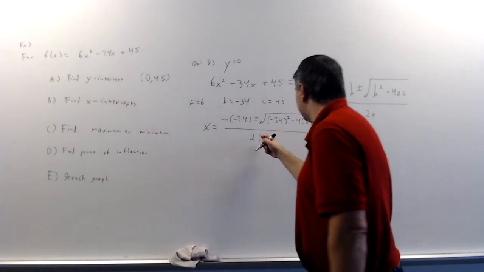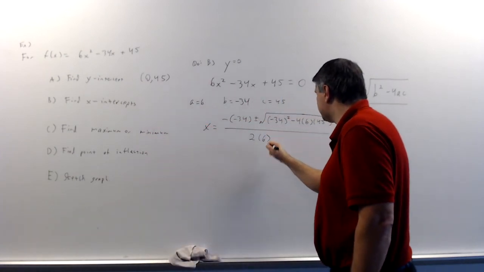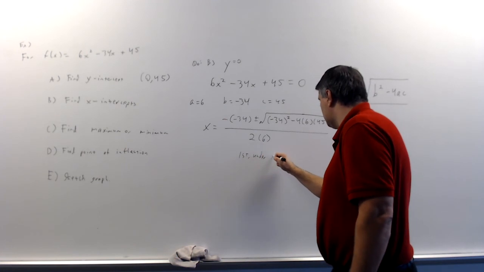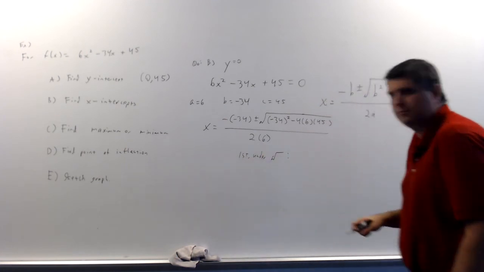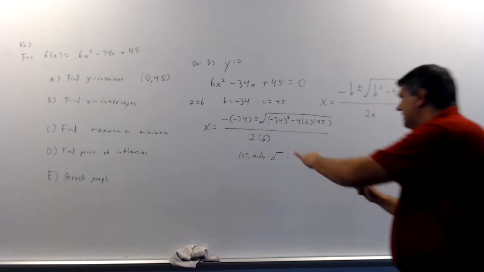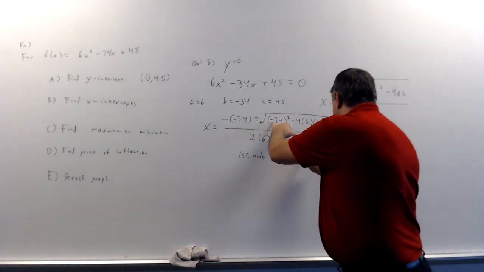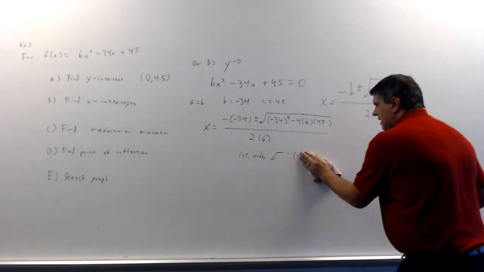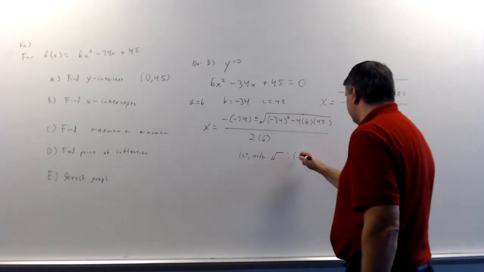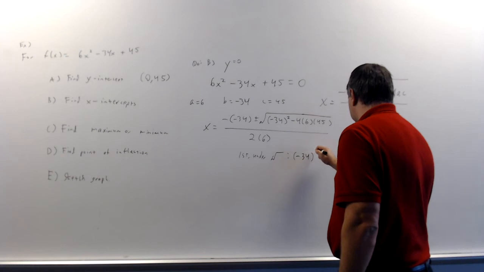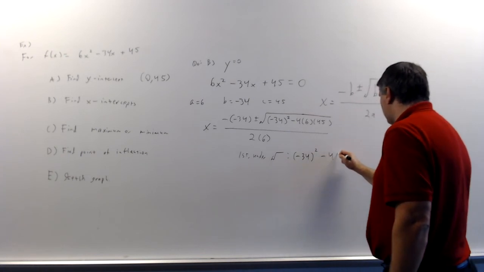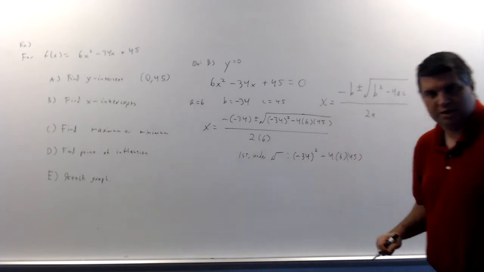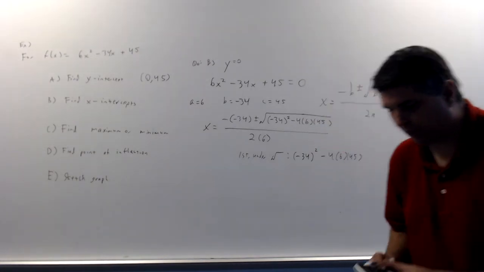I break this up into steps. First, under the radical. Negative 34 squared minus 4 times 6 times 45. So that's what they make calculators for.